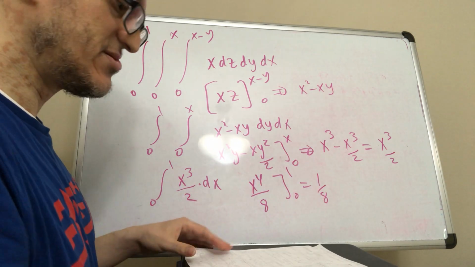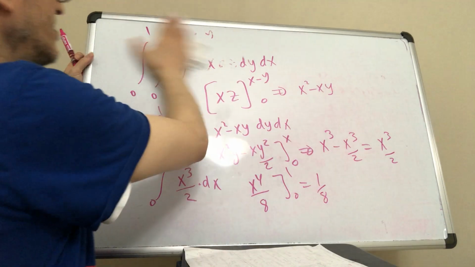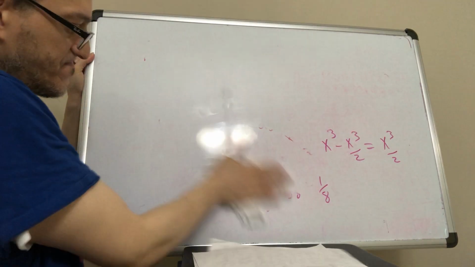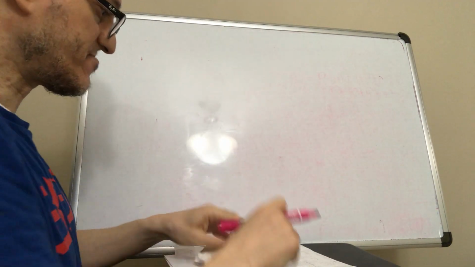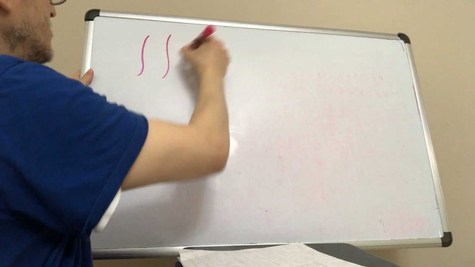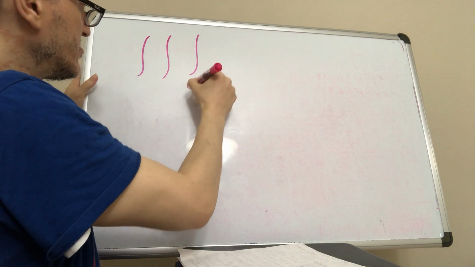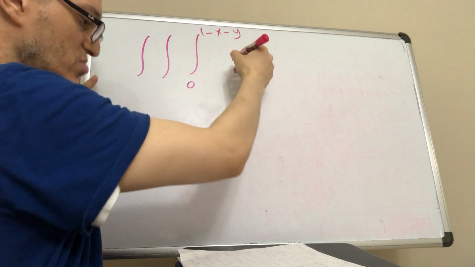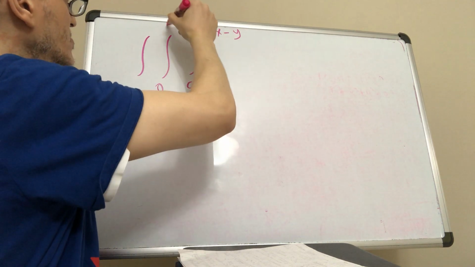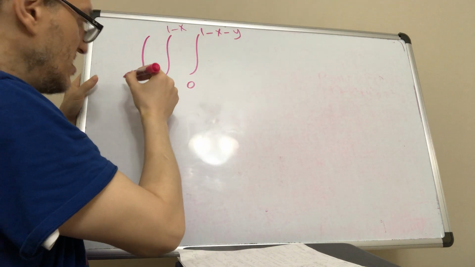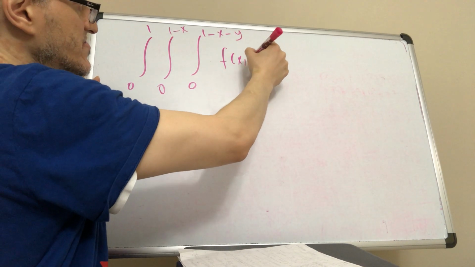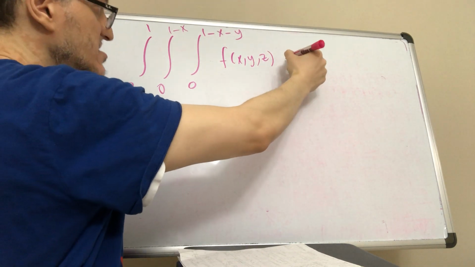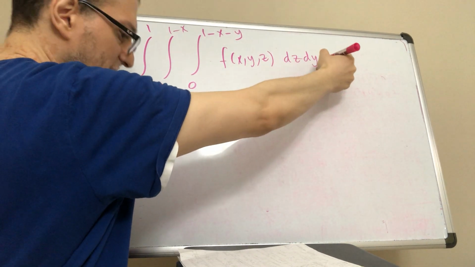So what if it's a triple integral and you need to switch? You go from 0 to 1 minus x minus y, 0 to 1 minus x, and 0 to 1, and it's a function in terms of x, y, and z, dz, dy, dx.